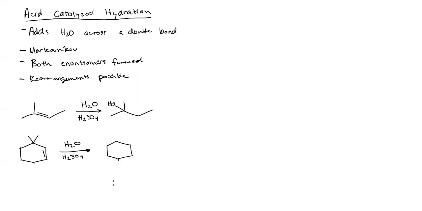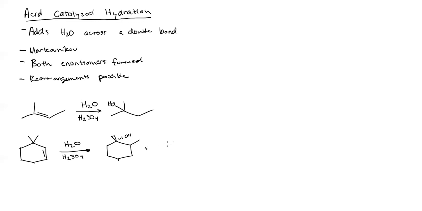So then that means that my alcohol is going to add here, and then I also get this. To be more correct, we should say that we get this on a wedge and we get this on a dash.